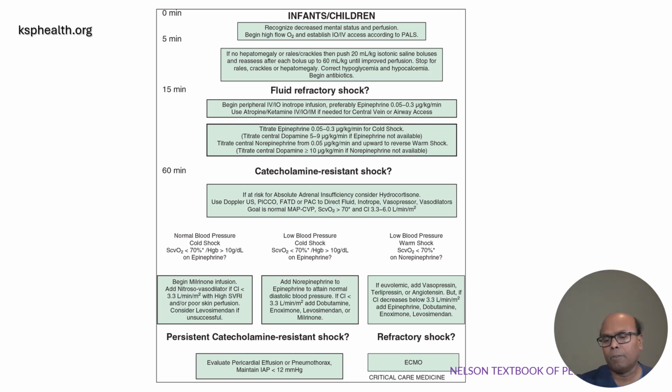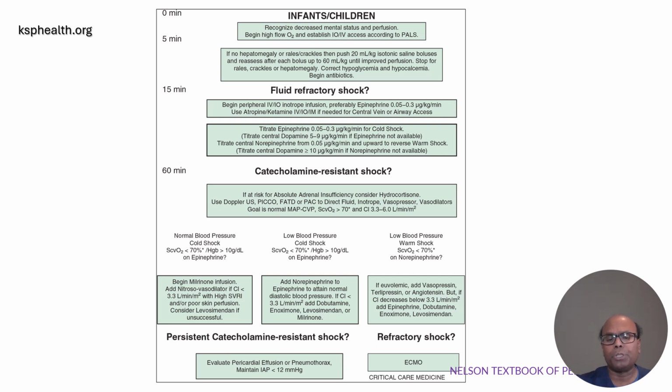You have to be very careful, especially when the blood pressure is low, when you use the vasodilators. When there is a normal blood pressure and cold shock, begin milrinone infusion and monitor the cardiac index. The other medication one can consider is levosimendan if milrinone is not successful.